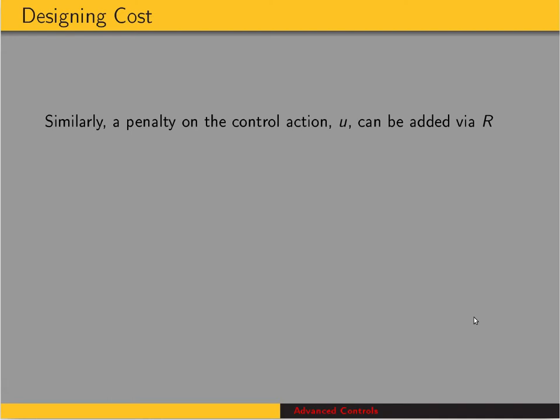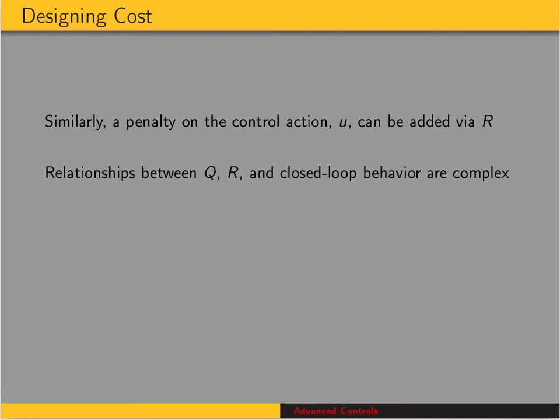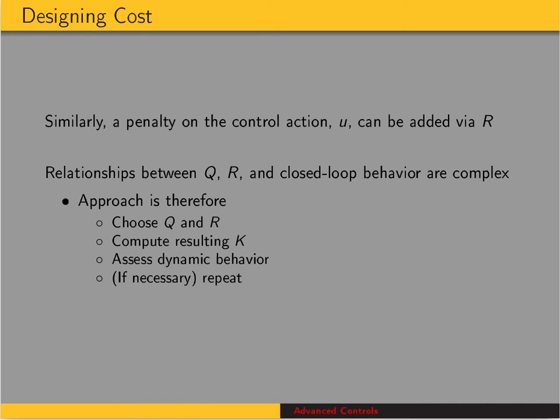And in a similar way, we can penalize the control action U using R. And if we have a single input, then R is just a scalar. Now the relationships between Q, R, and the closed loop behavior are complex. The result of this is that the approach for using optimal control is to choose Q and R, and then we'll compute the resulting K that minimizes the cost function.